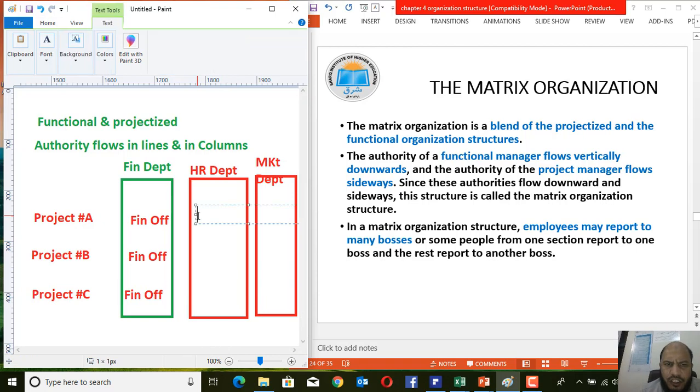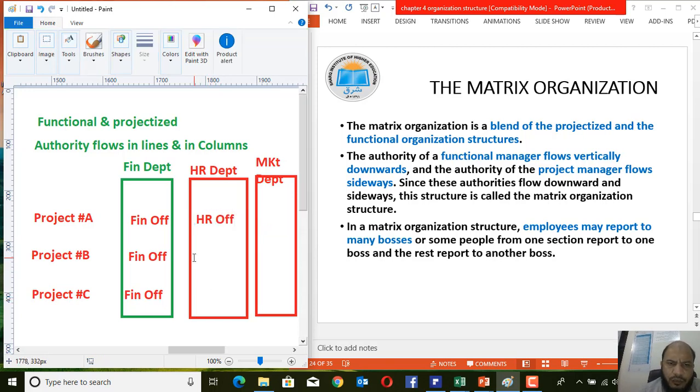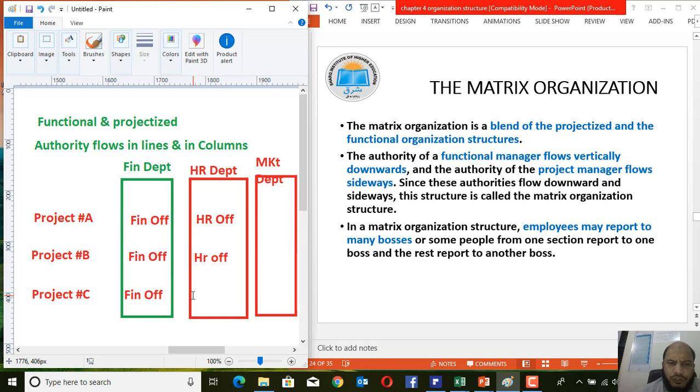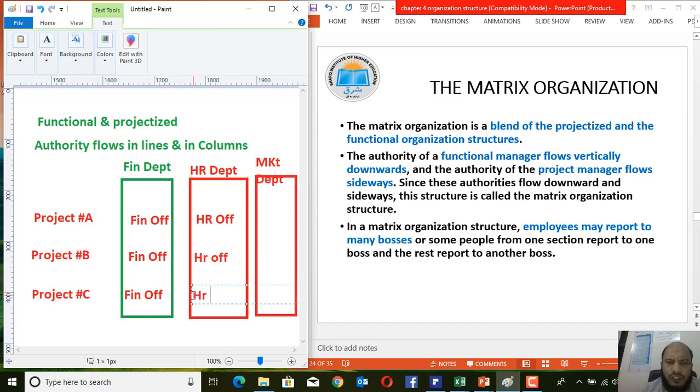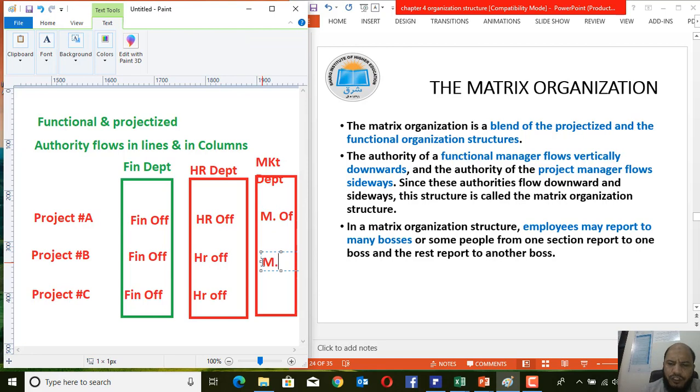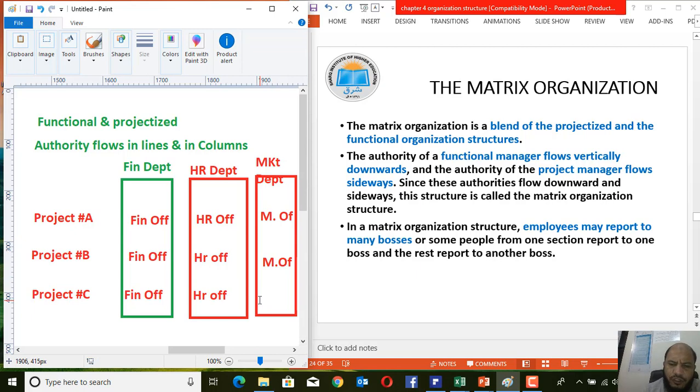Also, project A will use one person from the HR department, an HR officer. In project B we also have the HR officer, and in project C we also have the HR officer. In the same way we have the marketing officer in project A, the marketing officer here, and also the marketing officer in project C.